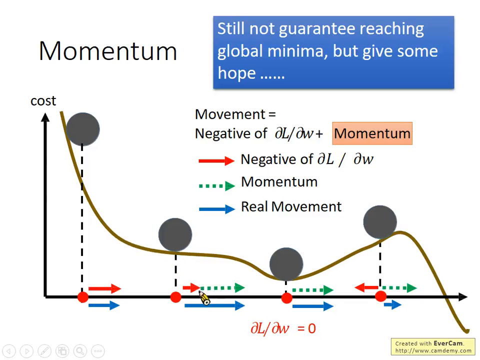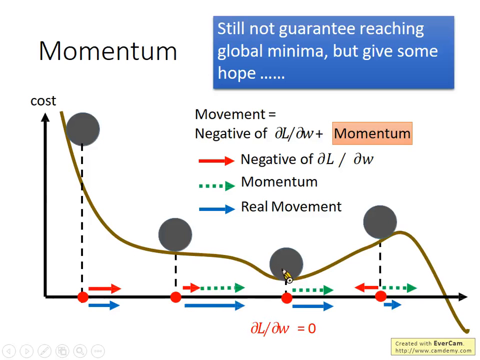So although the strength of the gradient is small, by adding the momentum, we actually move like this.